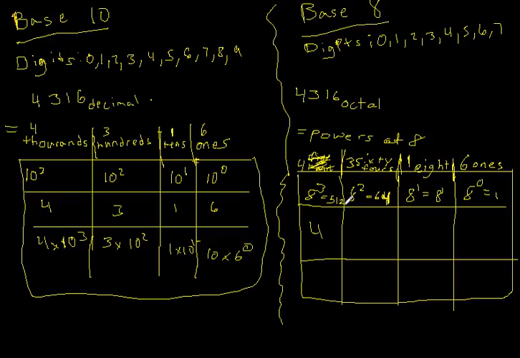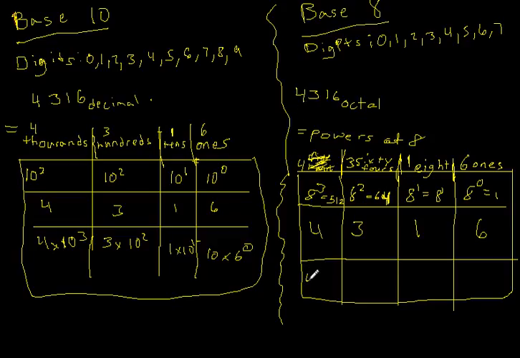So I have 4 512s, 3 64s, 1 8, and 6 ones. How do I get to equal this 4,316?